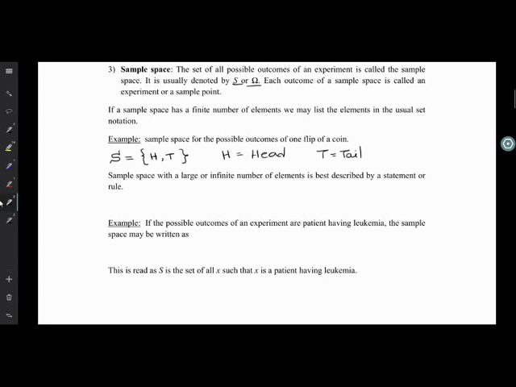A sample space with a large or infinite number of elements is best described by a statement or a rule. For example, if the possible outcomes of an experiment are patients having leukemia, we can write the sample space as X such that X is a leukemia patient.